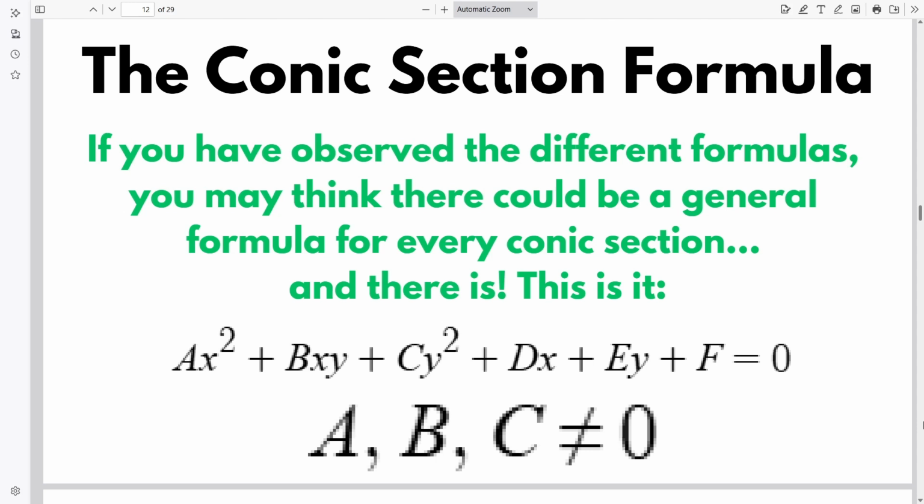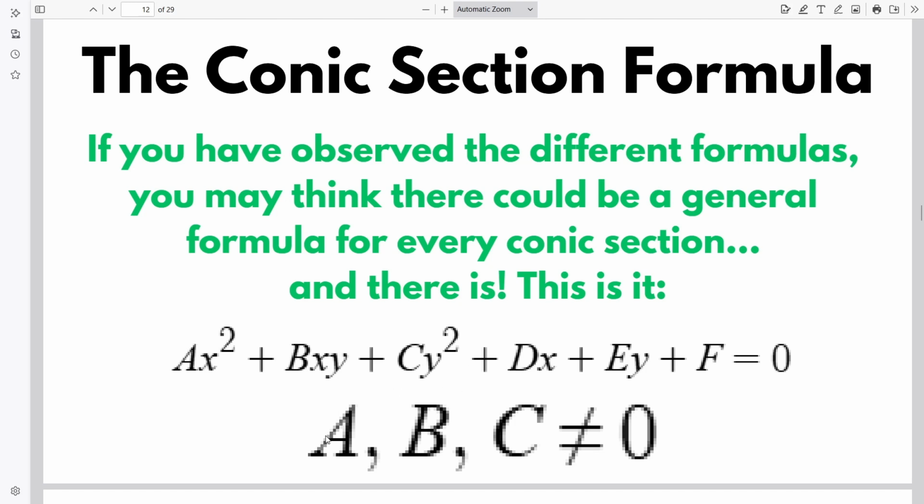Okay, so yeah, the conic section formula. If you have observed the different formulas, you may think that there could be a general formula for all of them. And this is it. It's basically just the quadratic formula on steroids. It's ax squared plus bxy plus cy squared plus dx plus ey plus f equals 0.